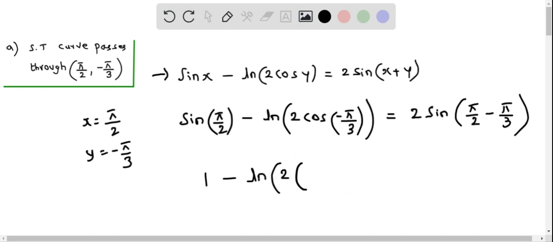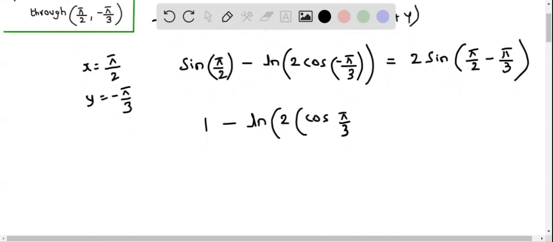So it is 2 times cosine of π/3. And this equals, on the right side, 2 times sine of π/2 minus π/3. Let's simplify this, π/2 minus π/3.